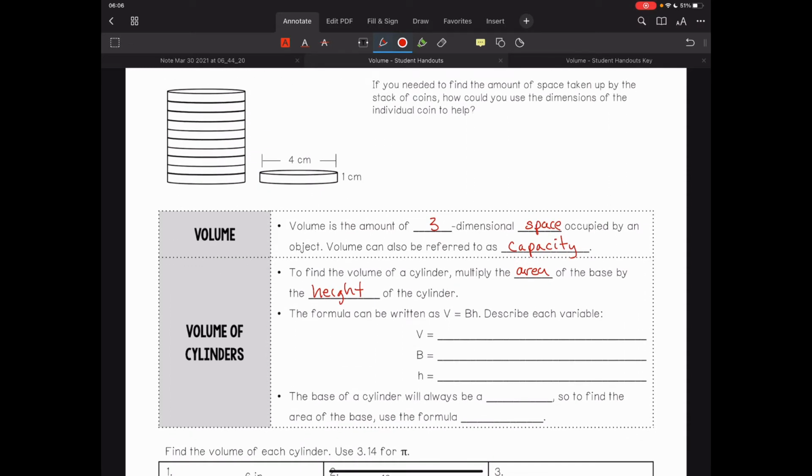Right, so the formula can be written as V equals BH, where V stands for volume, the B stands for the base of the object, in this case a cylinder, and H stands for the height or distance between bases.